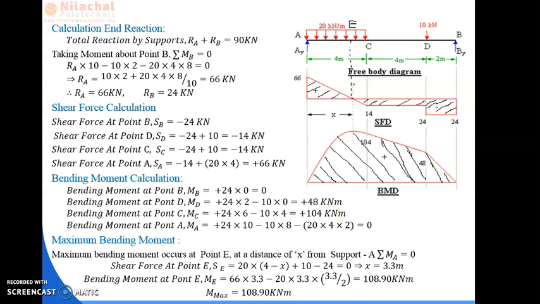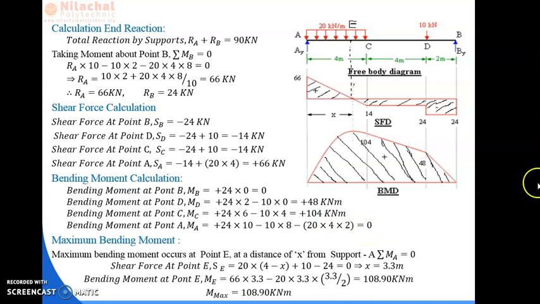Now we have the bending moment at C point as 104 kilonewton meter, D point as 40 kilonewton meter, and B point as 0. Now at A point, considering 24 into 10, minus 10 into (4 plus 4, that is 8), and minus 20 into 4 into 4 by 2, so 20 into 4 into 2. So we are getting the bending moment at A point as 0.